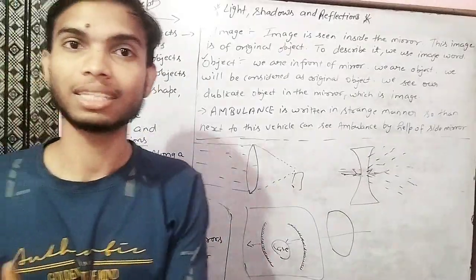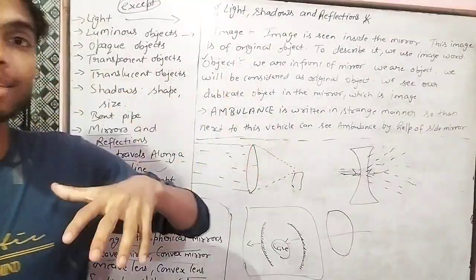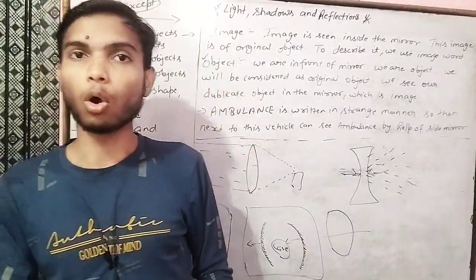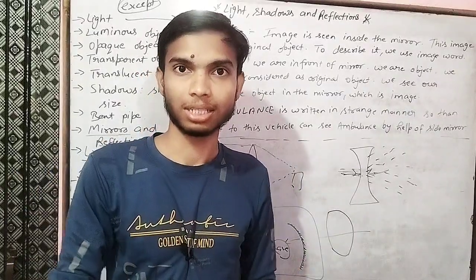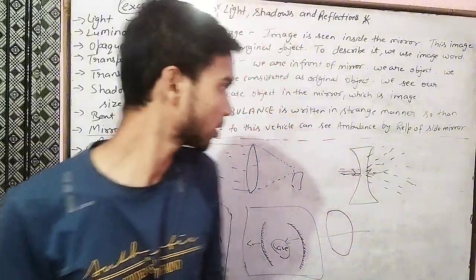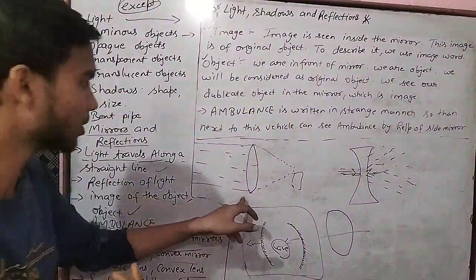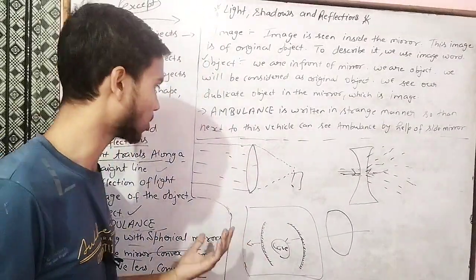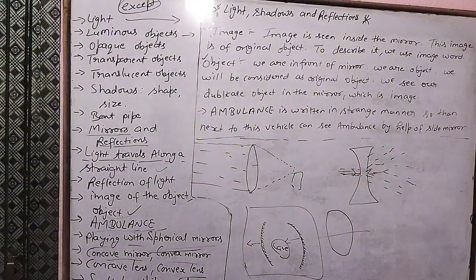That's why it is also called a diverging lens. The convex lens is called a converging lens because it converges all the rays of light, but the concave lens diverges all the rays of light. Clear? I hope we are clear. In our eyes, a convex lens is found.